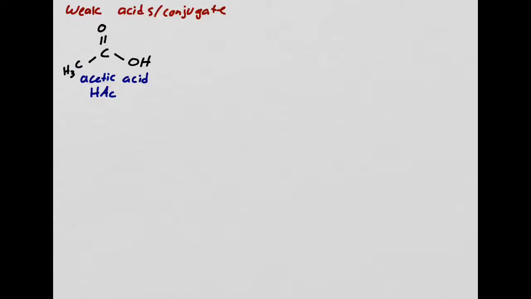So when you see HAc, you know that's acetic acid. Ac basically stands for acetate. So here's my acetic acid, and right here is my acidic hydrogen. This is the hydrogen that is going to be lost. Acetic acid is a weak acid.